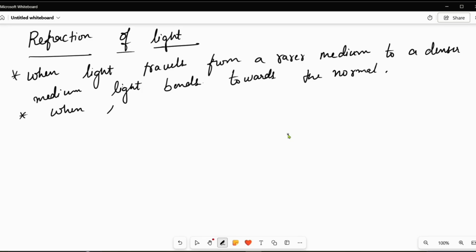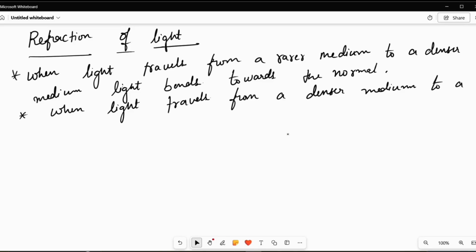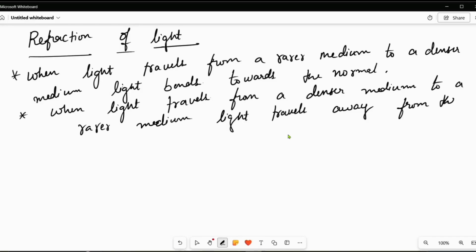When light travels from a denser medium to a rarer medium, light travels away from the normal.